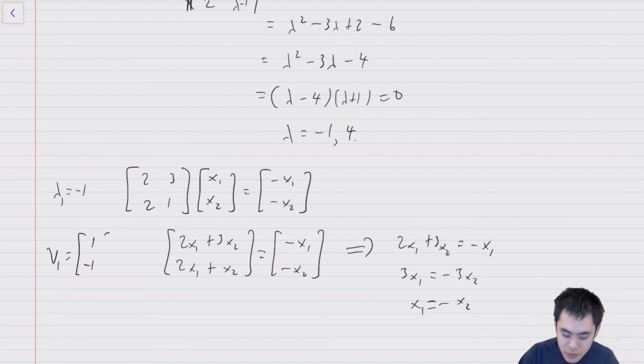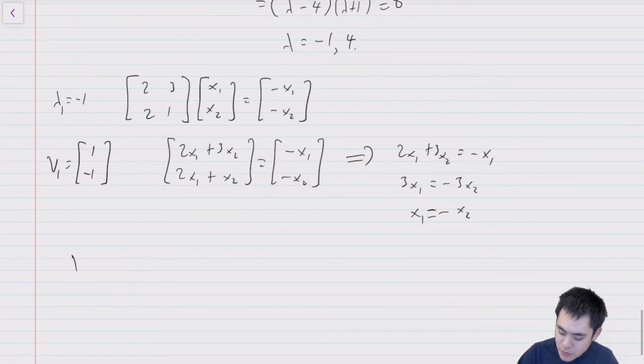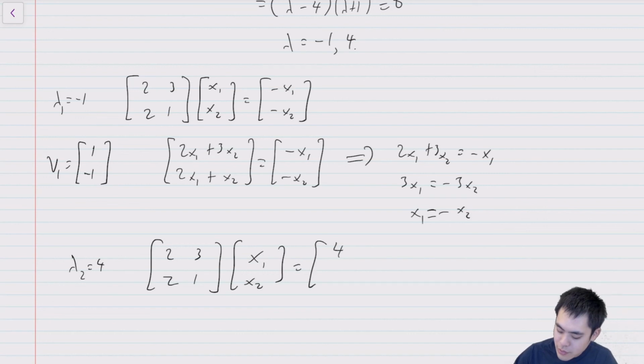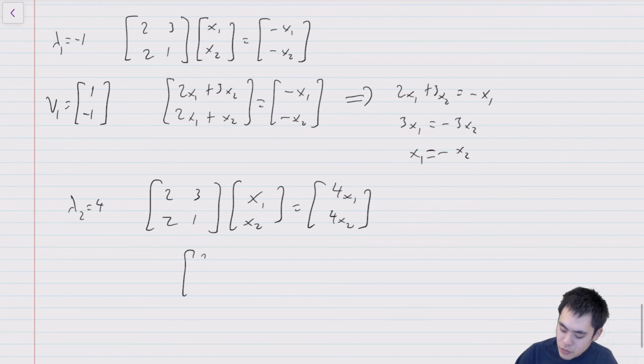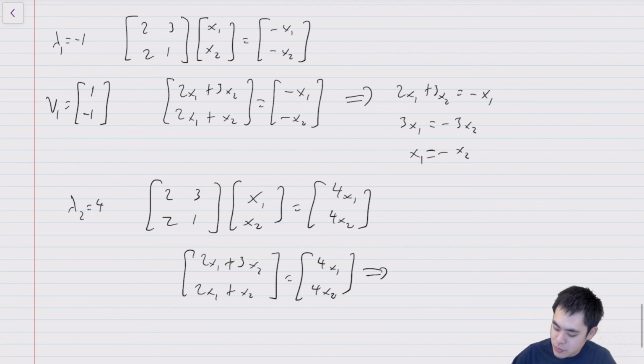So for lambda 1, we have that v1 is equal to (1, minus 1). And we can do the same for lambda 2 equal to 4. So [[2, 3], [2, 1]] times x1, x2 is equal to 4x1, 4x2. Multiply that out: 2x1 plus 3x2, 2x1 plus x2 is equal to 4x1, 4x2, which implies 2x1 plus 3x2 is equal to 4x1.